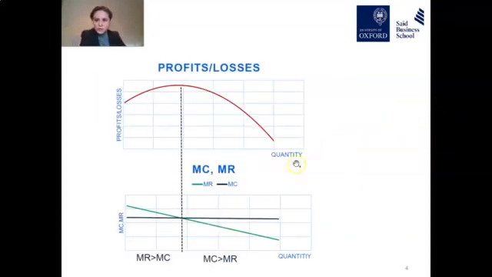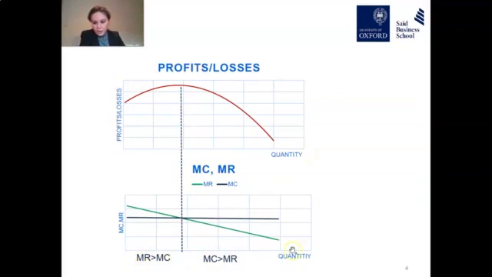It's the same profit function, with a slightly different shape, but it's just the same main idea. And here, I want to plot it also with marginal revenue and marginal cost functions simultaneously. We can see both of them at the same time. So here I have the profit function plotted as a function of quantity.